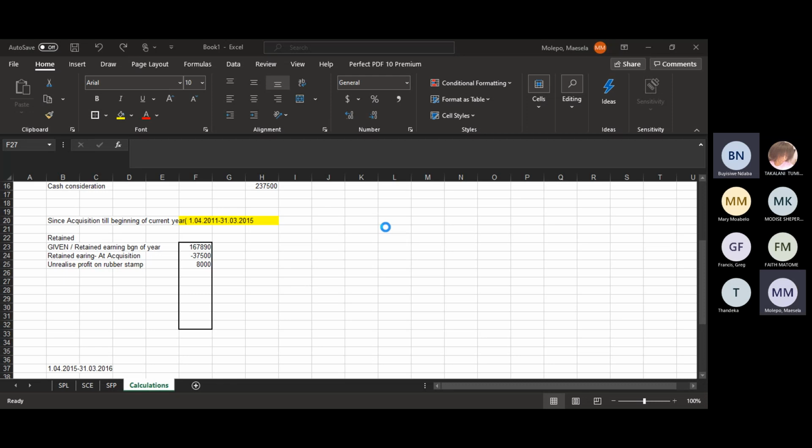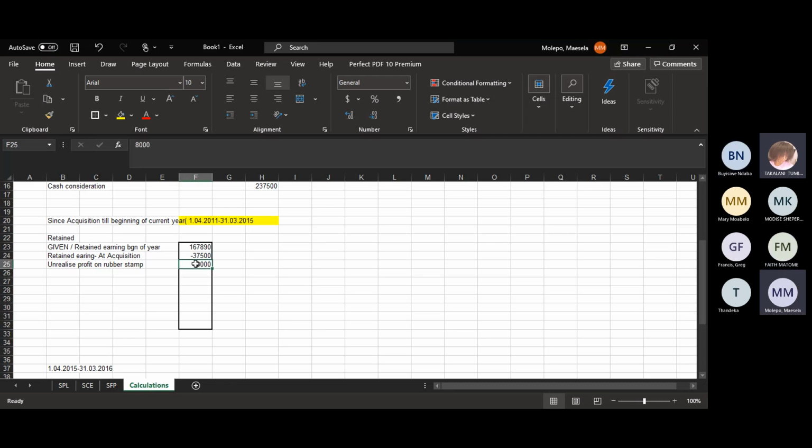Yes. Okay. And then now I want to check, since it's unrealized profit, which sign must it take? Must it take a positive sign or a negative sign? A negative sign. Okay. Then we're going to put the brackets. Then we proceed.